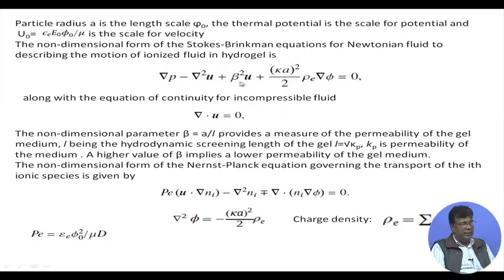So, the governing equation for fluid transport in a gel medium is given by this equation. As usual, this is the Navier-Stokes equation, and you have an extra term here, this is the Darcy term, beta square u. This is because of the electric body force, and this is the viscous shear stress.